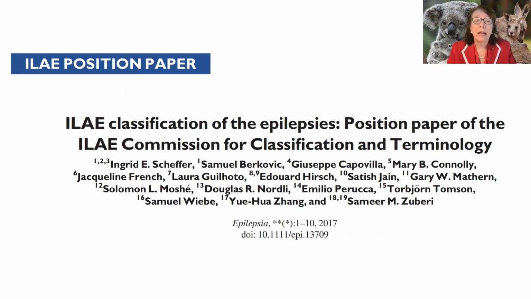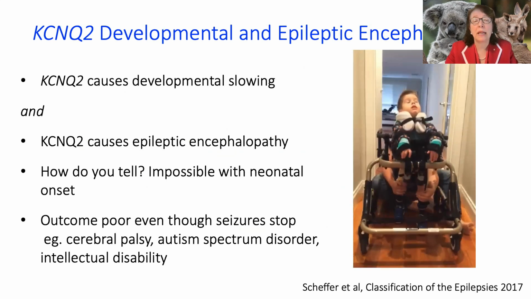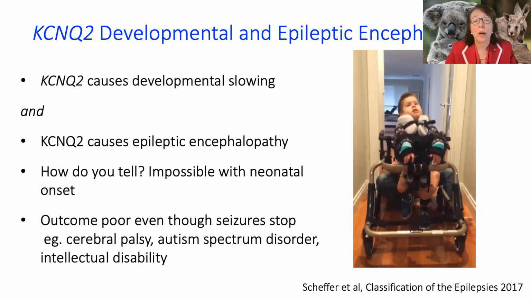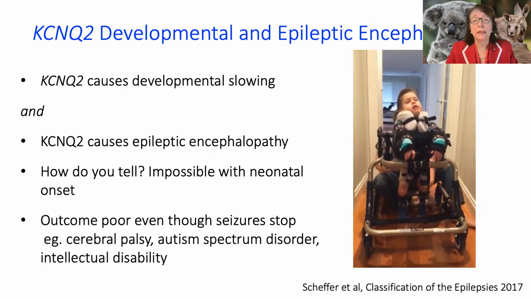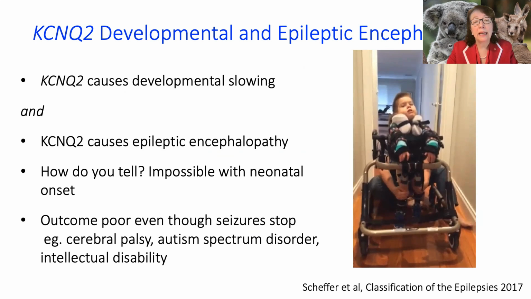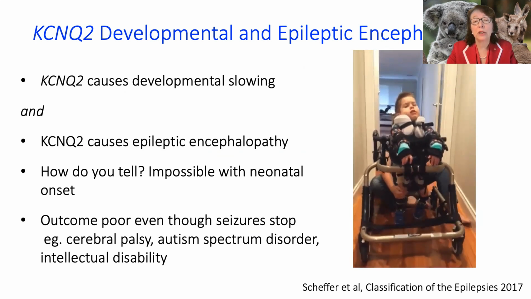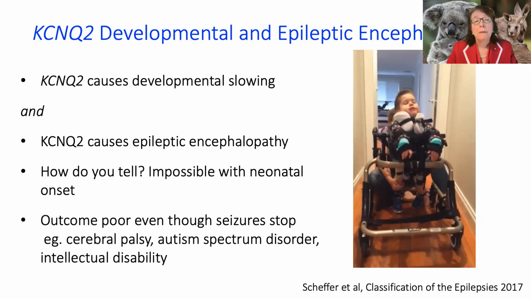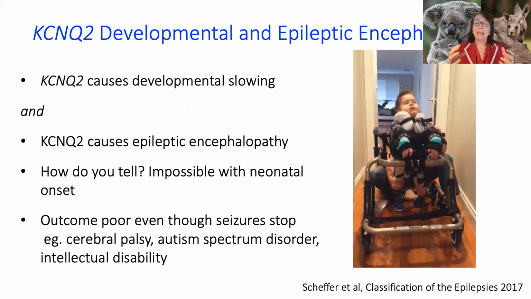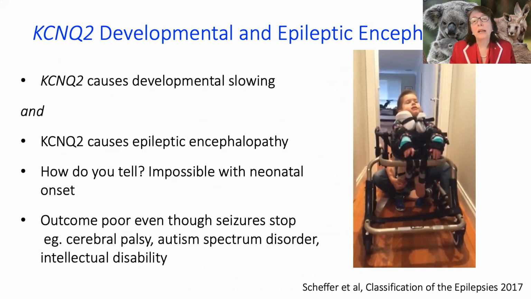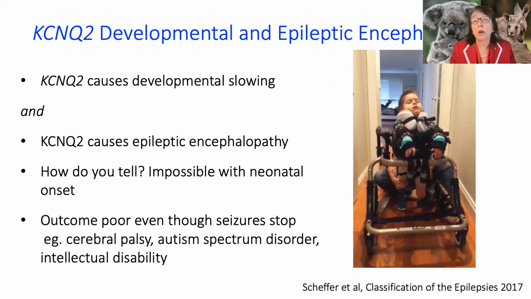In the later classification of the epilepsies that we brought out in 2017, we expanded this term of epileptic encephalopathy to the term developmental and epileptic encephalopathy. And here you see a little boy with KCNQ2 encephalopathy at the age of 4 years. The reason for changing or expanding the term was because we realized that many of these genes actually cause developmental slowing in their own right.